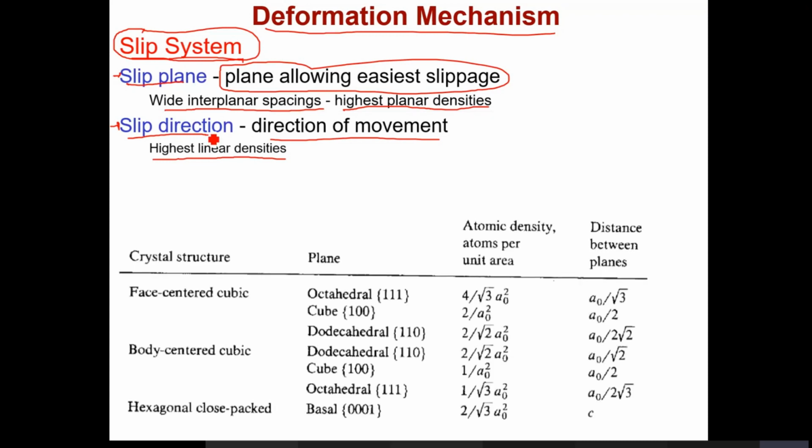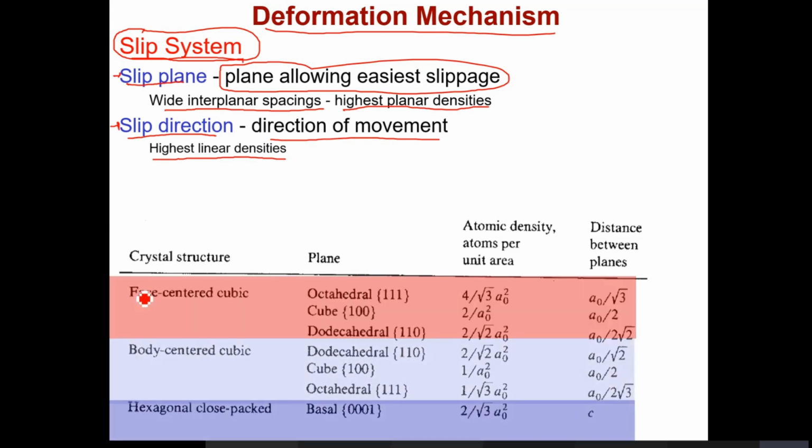Now, we have the three structures with us: face-centered cubic, body-centered cubic, and hexagonal close packed. We have taken certain planes for FCC and BCC, and for hexagonal we already know which is the close packed plane. If we compare the atomic density per unit area, that is the planar density, these are the values that I have calculated for you.